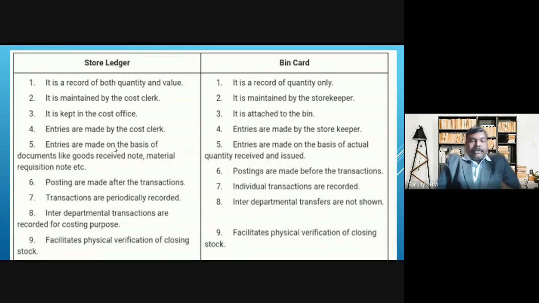Interdepartmental transactions are recorded for costing purposes, but interdepartmental transfers are not shown here. Both facilitate physical verification of closing stock, so both check the closing stock. So this is the broad difference between the stores ledger and a bin card.